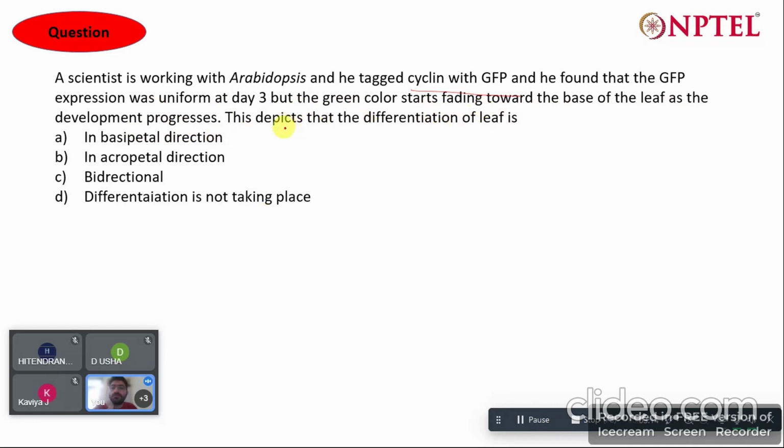So this depicts that the differentiation of the leaf is basipetal, acropetal, bidirectional, or there is no differentiation taking place. So can anybody take a guess? In the basipetal direction, sir. Okay, any more guesses?